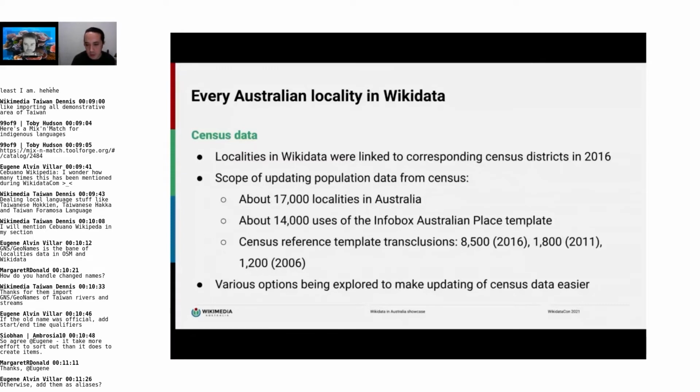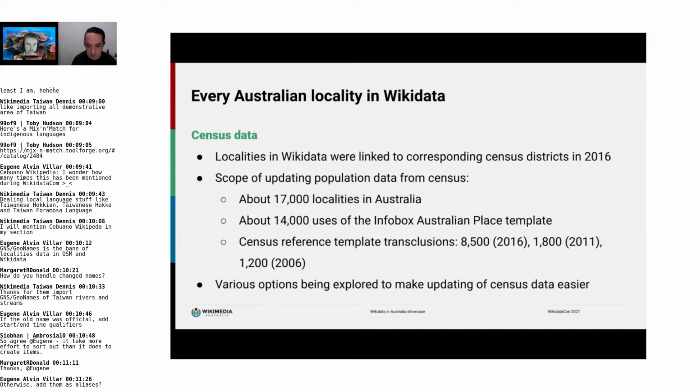We also use a template to point to the correct reference for the census, and there are about 8,500 uses of those. That just means that when a new census is conducted and the data is released, it can be quite a task to update these thousands of infoboxes or articles in multiple language Wikipedias.